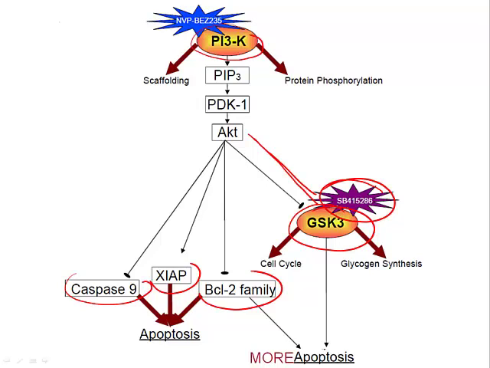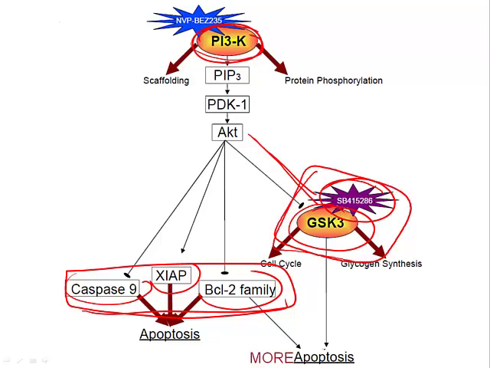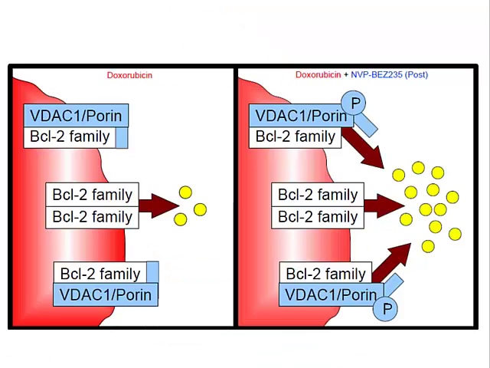So basically what is happening, inhibition of PI3 kinase is important for the sensitization at the level of the mitochondria that we checked, but more importantly, it is also the role of AKT being blocked. AKT is blocked, so GSK3 beta is activated, and that leads to even more apoptosis.